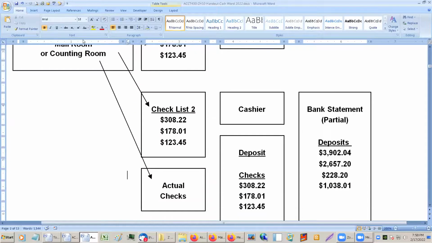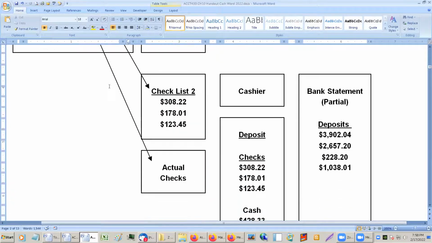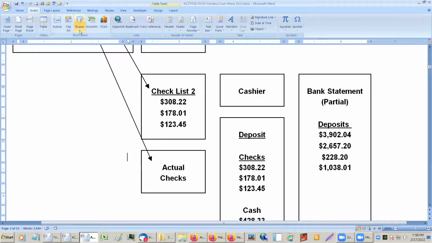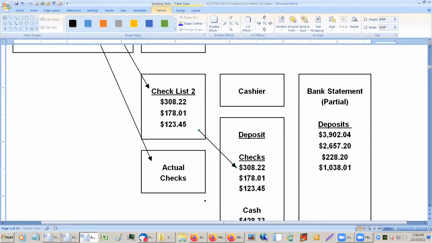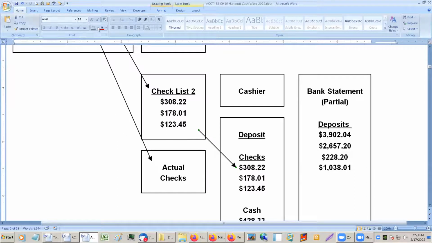Okay, so what does a cashier do? So the cashier gets these checks, and they will put them in the deposit. Okay, so here's the check.